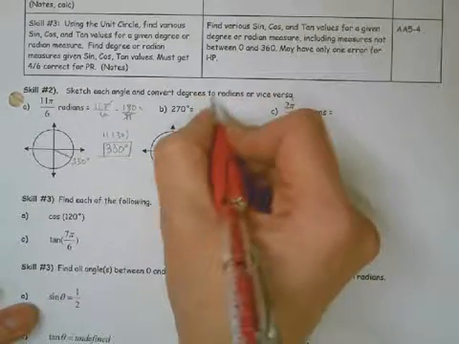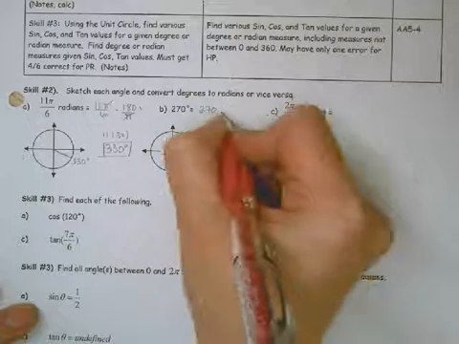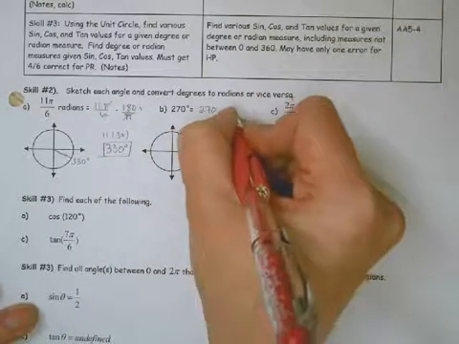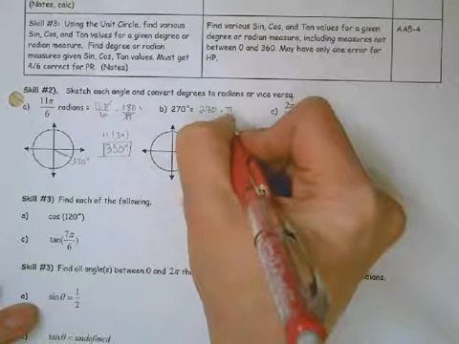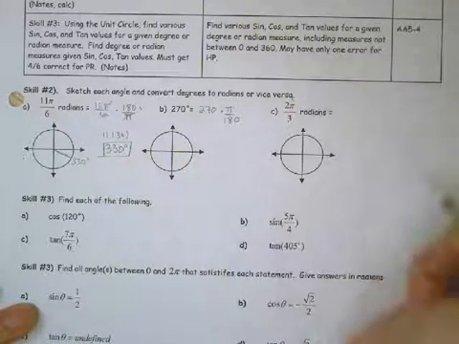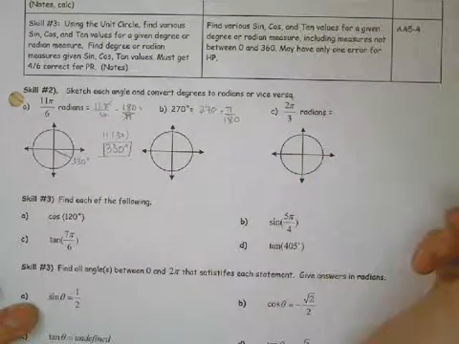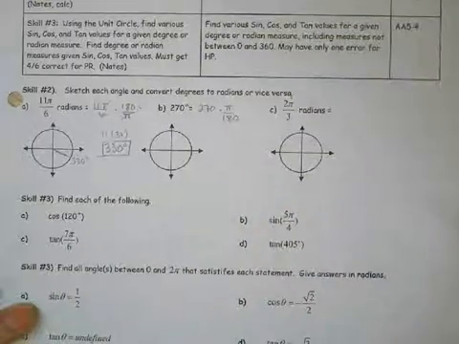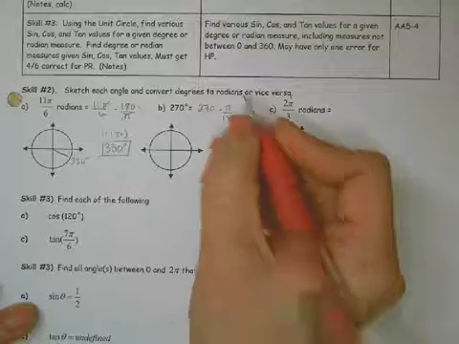270 when you're going from degrees to radians, it's 270 times pi divided by 180. So 270 and 180 are both divisible by 10, also both divisible by 9, so they're both divisible by 90.